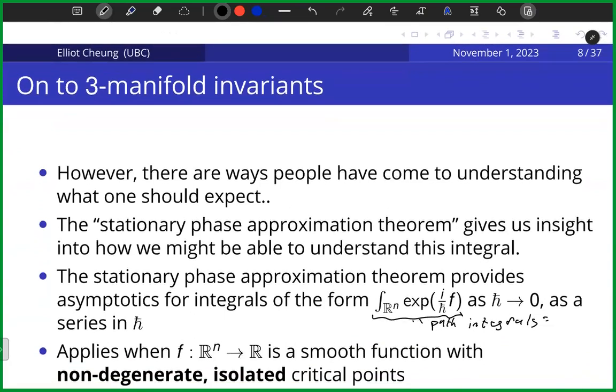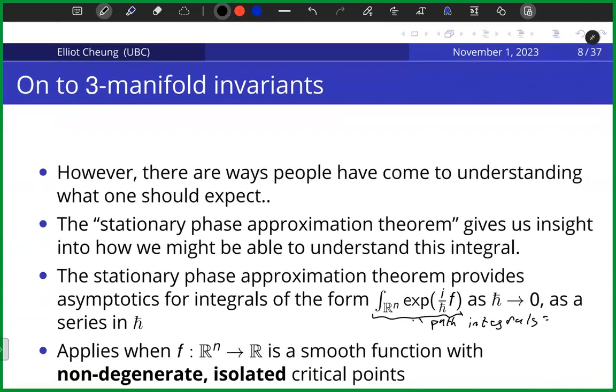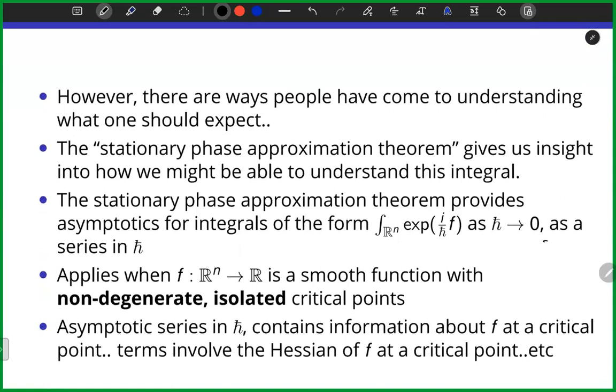For f, a smooth, real valued function with non-degenerate isolated critical points, as h bar goes to 0, the stationary phase approximation gives you a series in h bar that's an asymptotic expression of this integral. And it contains information about f at a critical point, terms involving the Hessian of f and so on.